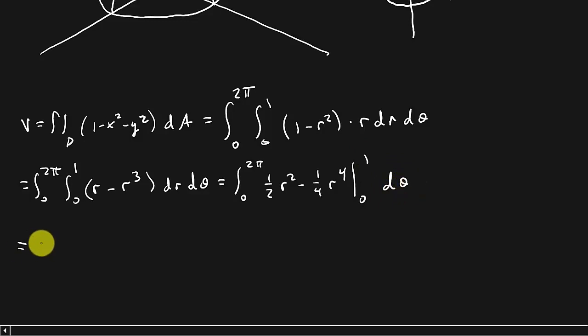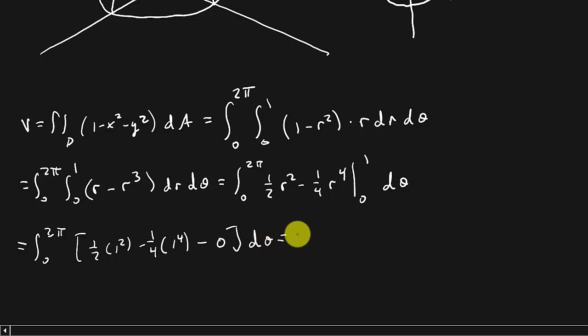And so now we have 0 to 2 pi, and that's going to be 1/2 times 1 squared minus 1/4 times 1 to the 4th minus, now once again we plug the zeros in, that's just going to be 0, and that's going to be d theta.